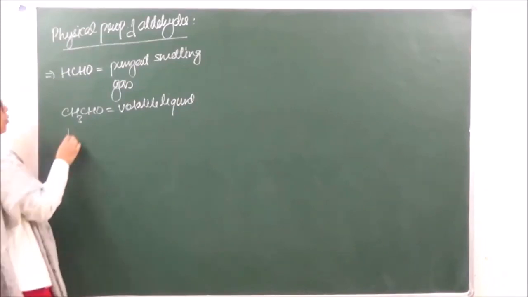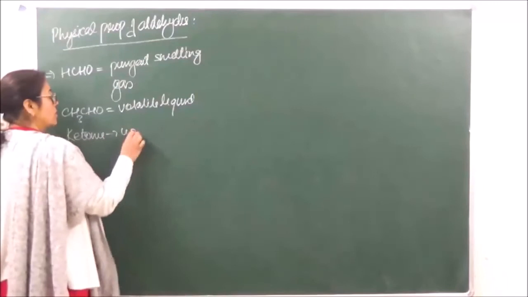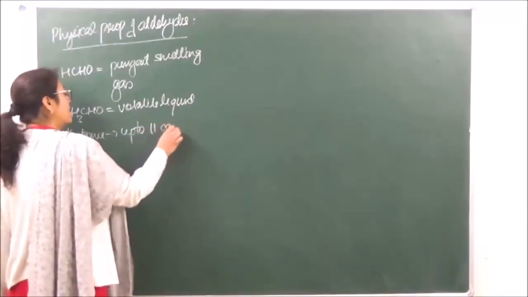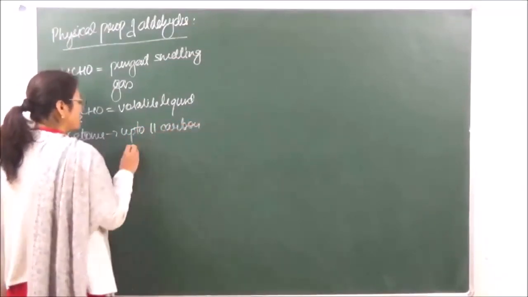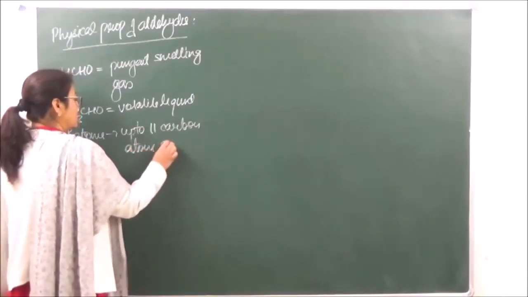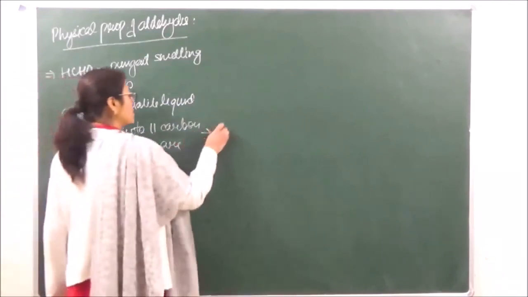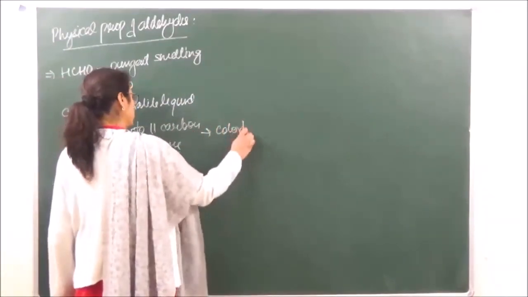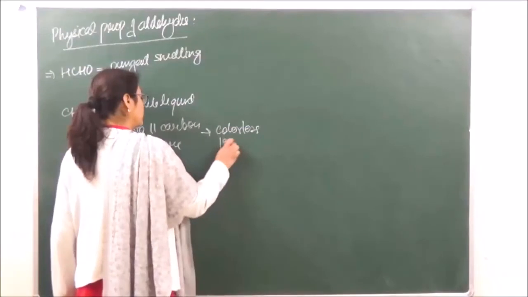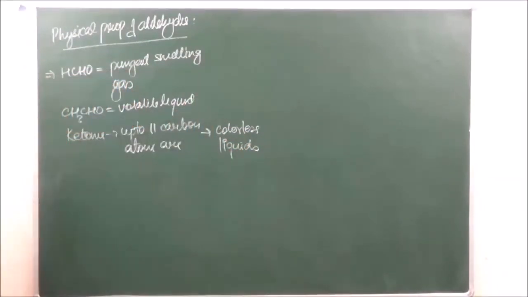So all the ketones up to 11 carbon atoms are going to be colorless liquids.